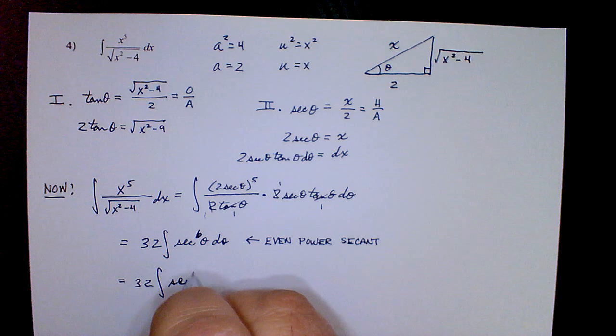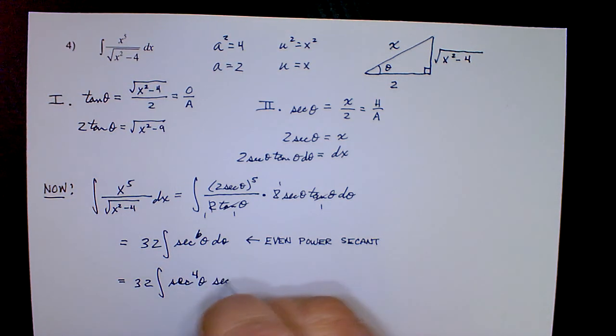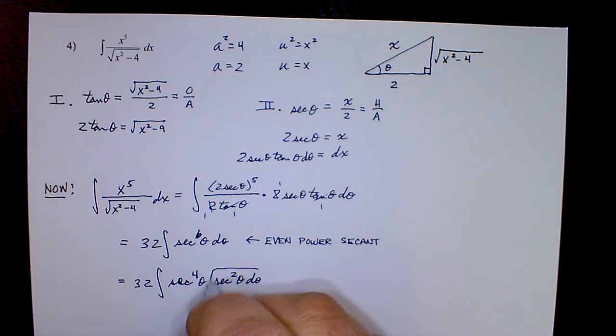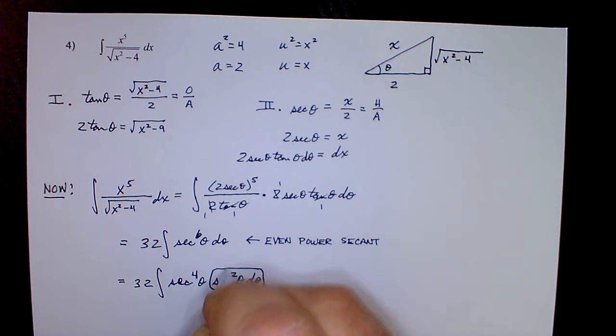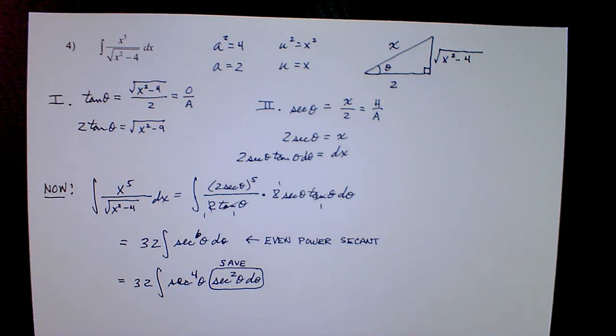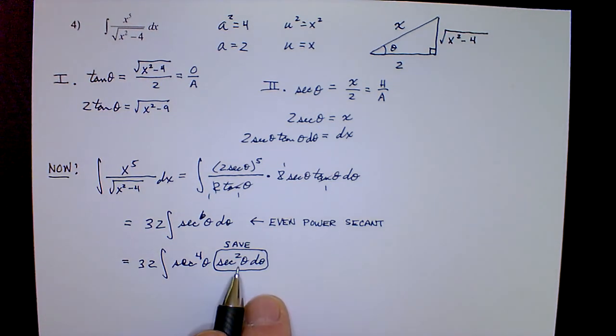So taking away 2 factors from secant to the sixth, we're left with secant to the fourth. Those 2 factors of secant in the form of secant squared, push over with the differential d theta. Go so far as to box it off, write the word save, because the intent is for that secant squared to represent the du.